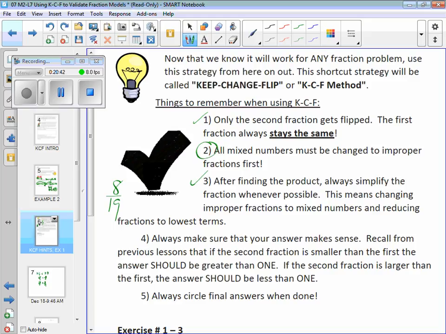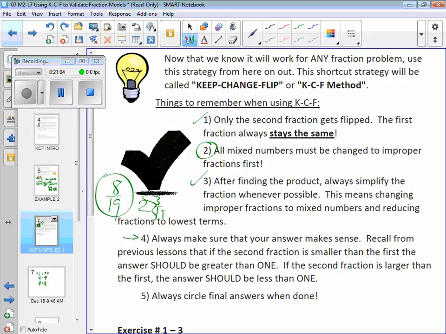I'll see some kids will take this and they're going to want to say, oh, 8 goes into 19 2 times with 3 left over, and want to make this 2 3/19. It's not an improper fraction. It's a regular fraction. It stays as is. So you want to watch out for that as well. And then just make sure your answer makes sense.